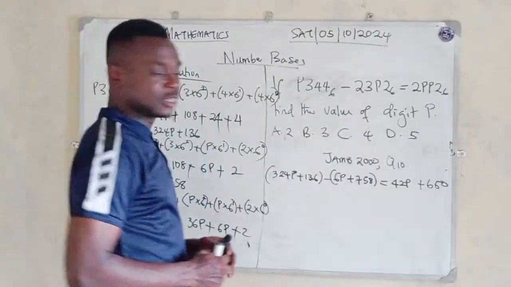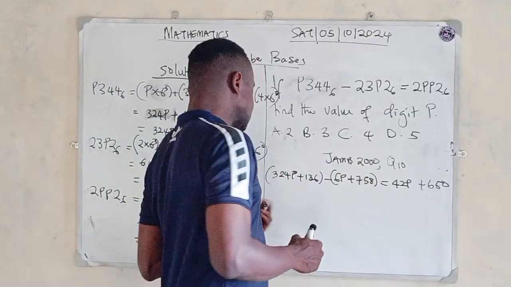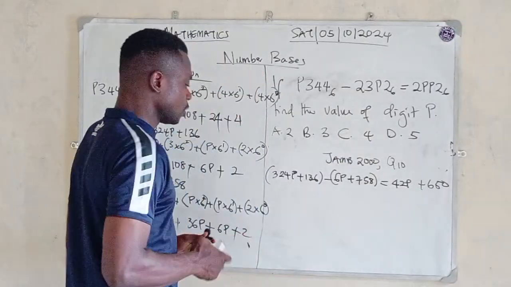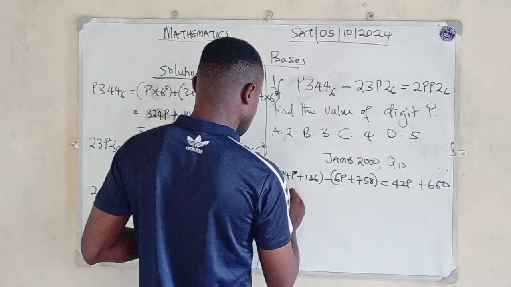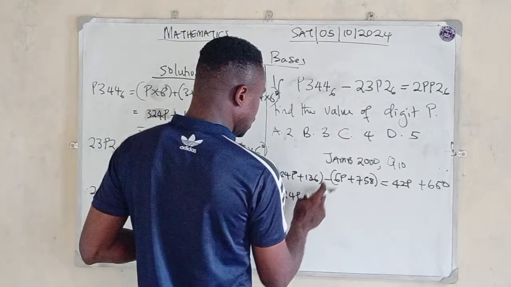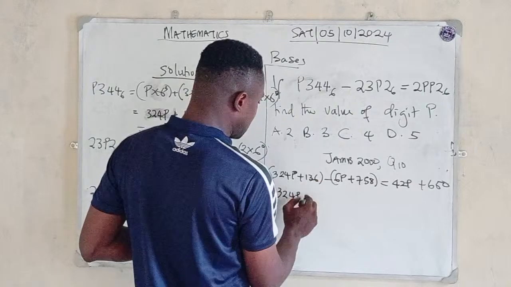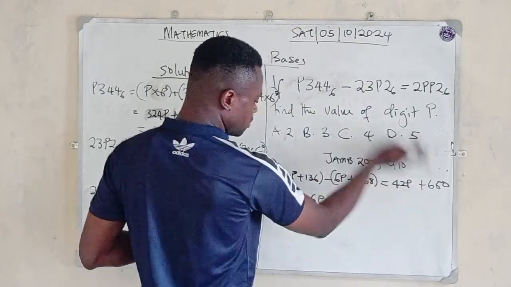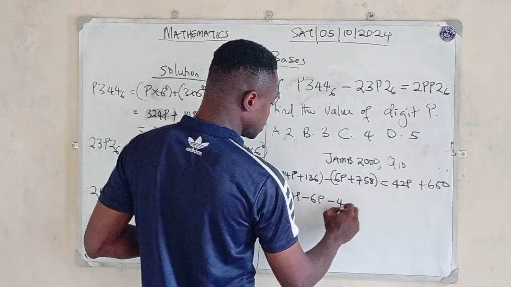Let everything that contains p come to this side. Those that don't contain p move to the other side. So here is 324p. If you open this bracket, it becomes minus 6p. Bringing this back, it becomes minus 42p.